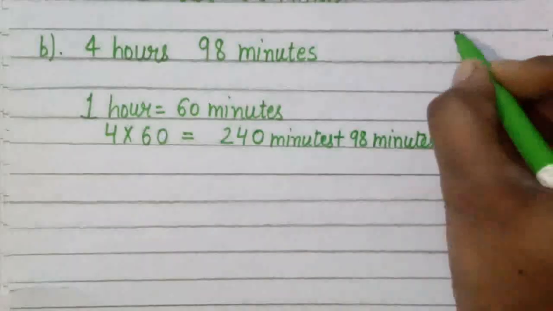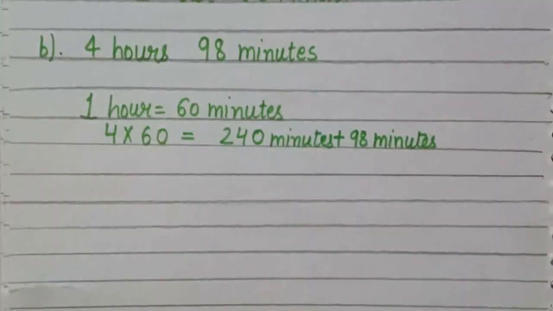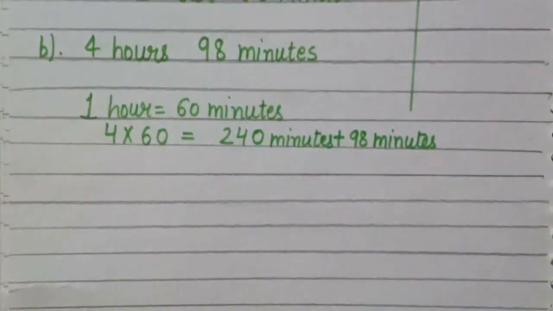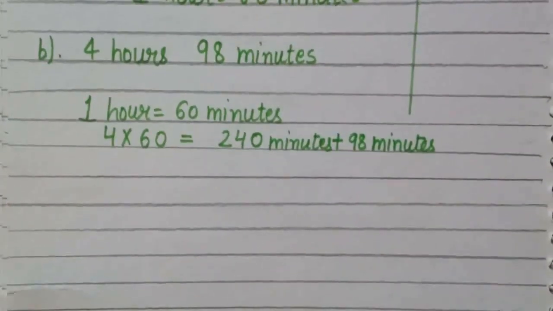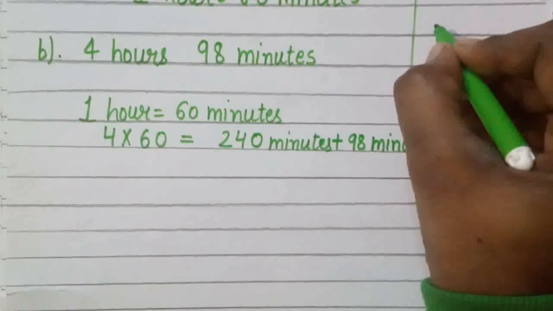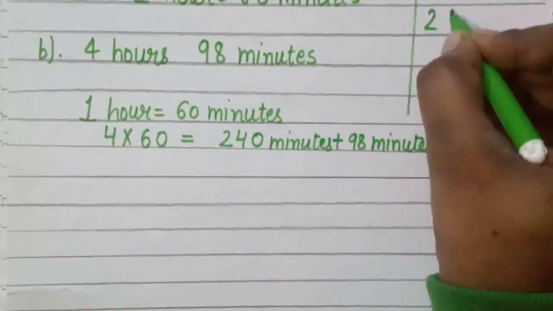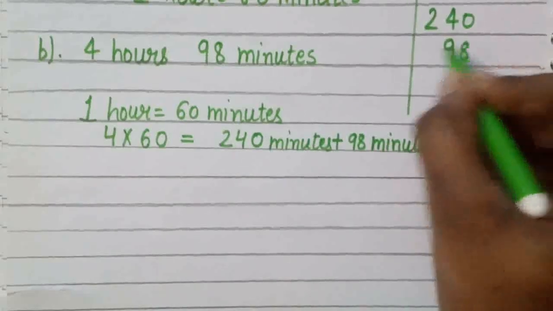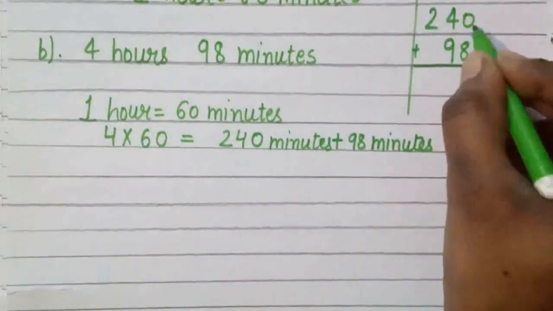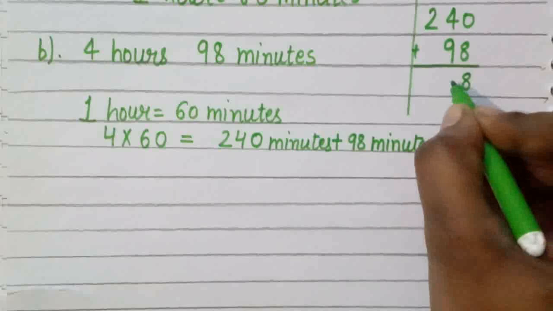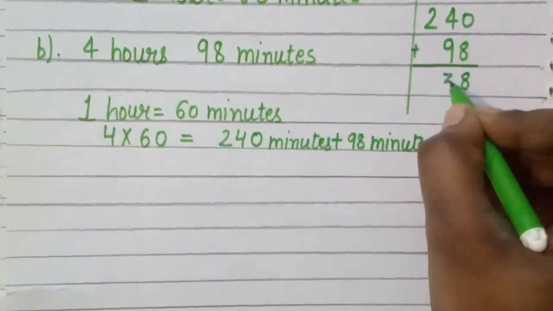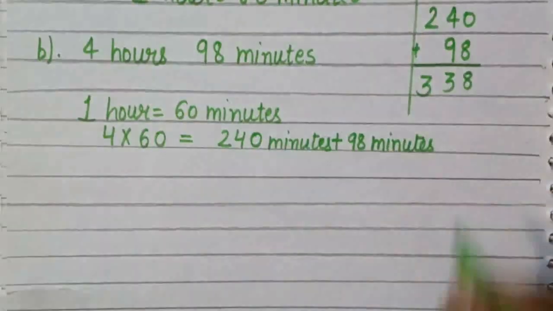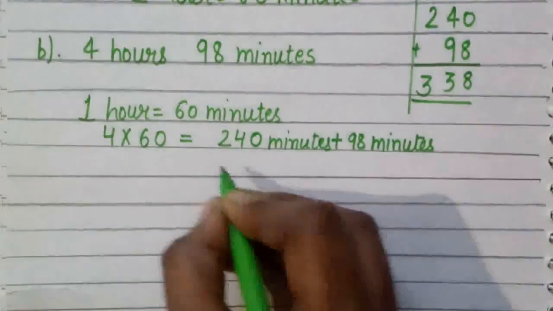Now let us count. 240 plus 98 is equal to 8, 9, 4 and 9, 13, carry 1, 1 and 2, 3, 338.